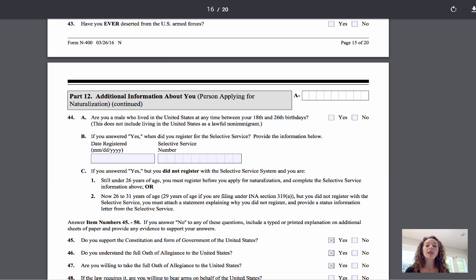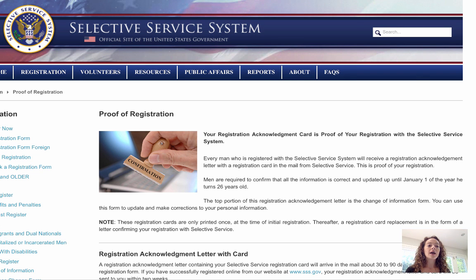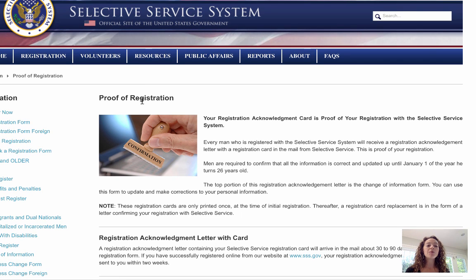So you can go to sss.gov, the Selective Service System, and you can get a proof of registration. When you get your letter back in the mail after you do your application, they might ask you to bring the proof of registration for selective service. And this is where you get it, right here.